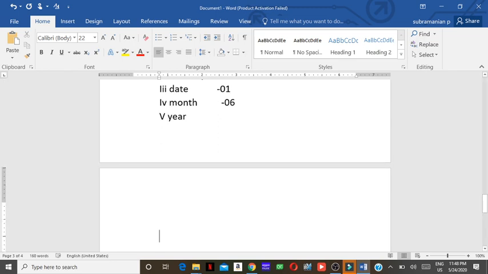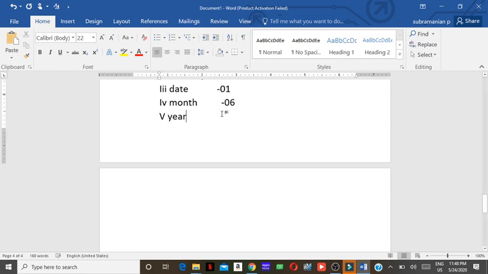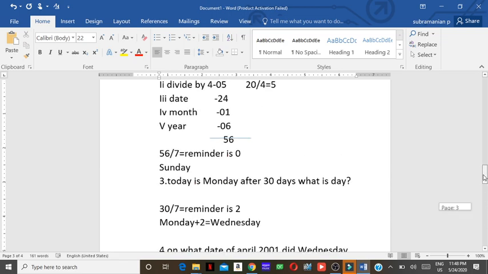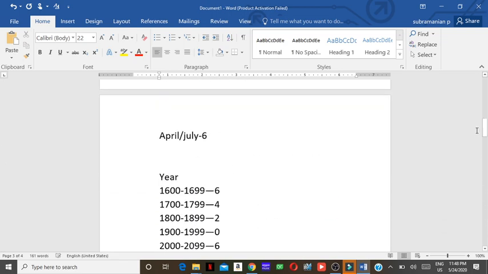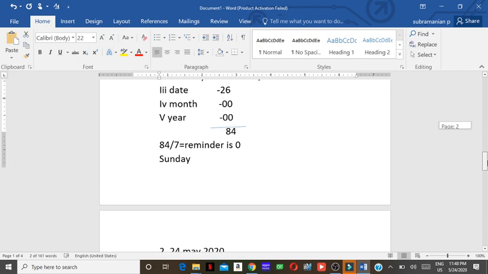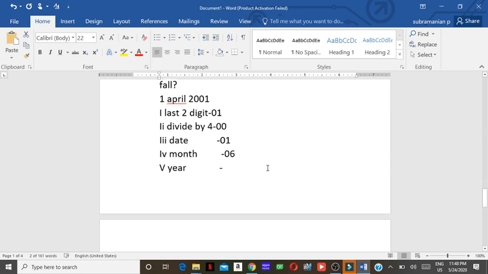Fifth step: you have to add the year. The year is 2001, which falls in the range 2002 to 2099 pattern, so you have to represent it as 6. 06.